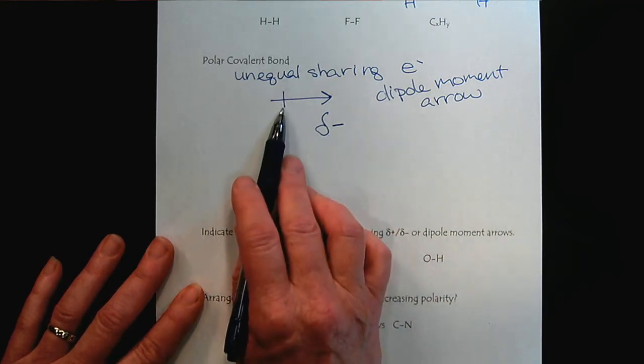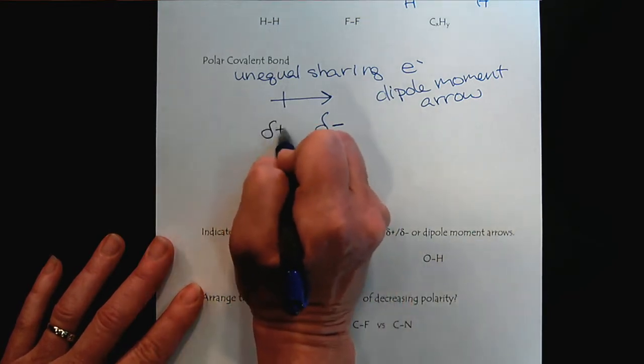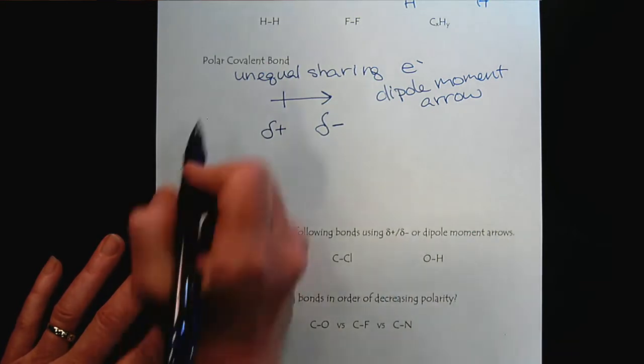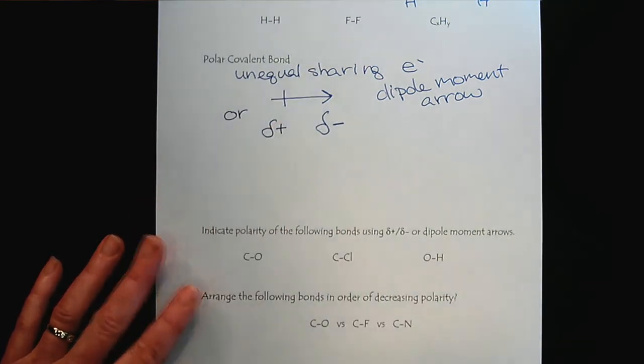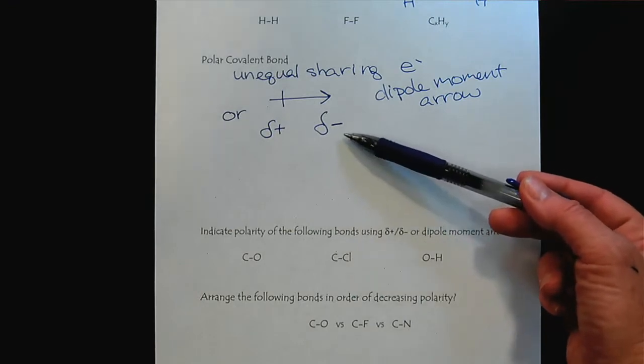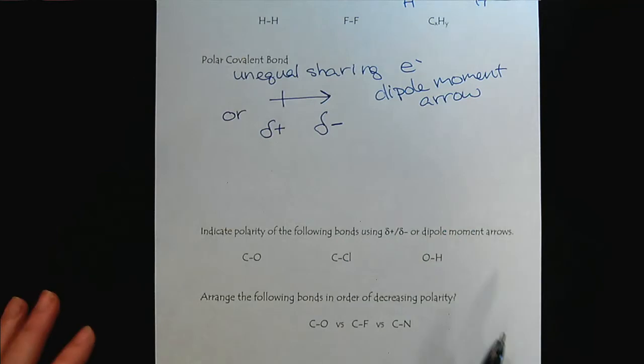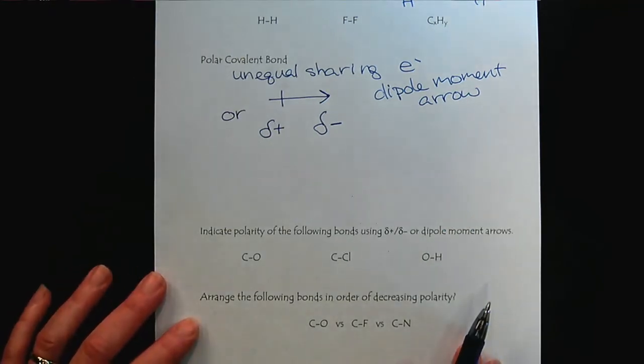And then there's a crosshatch on the shaft of the arrow to look like a plus sign, and this tells us where the electrons are missing. So we could use either one of these symbols. We could either use the dipole moment arrow, or we could use the partial positive and partial negative to indicate when we have a polar covalent bond.